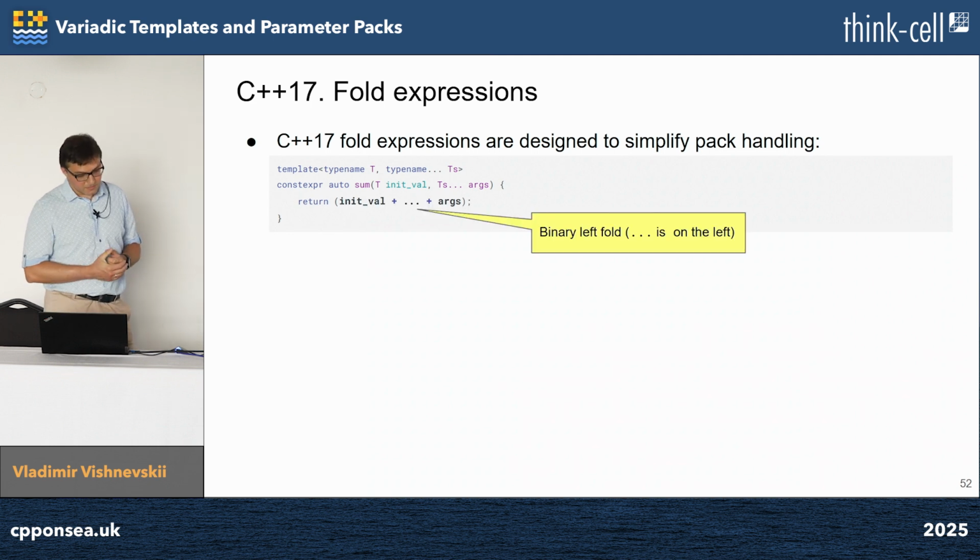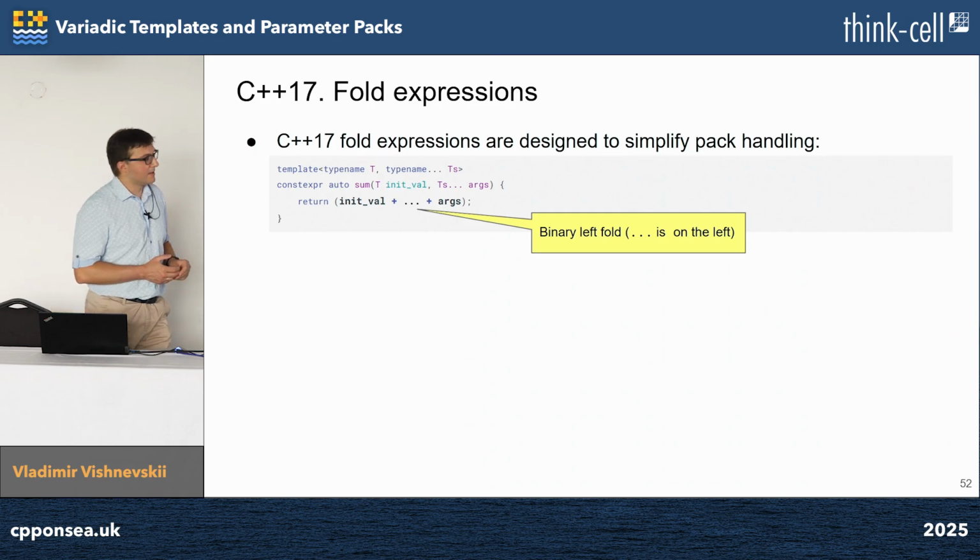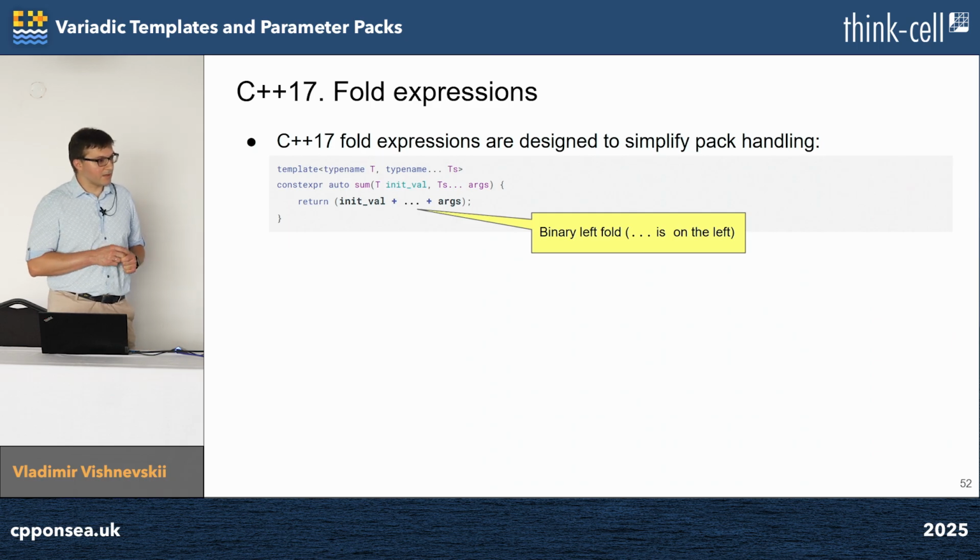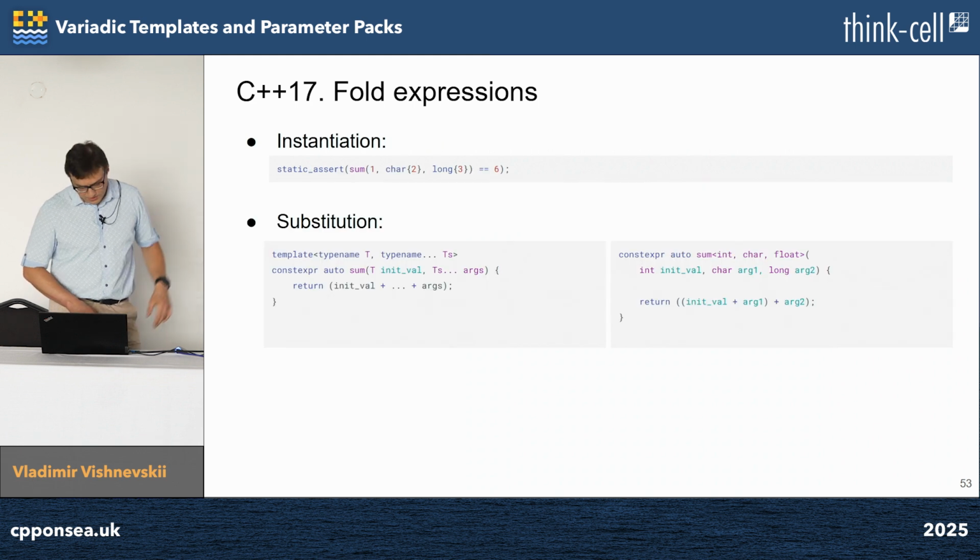This is the fold expression here, this ellipsis within the operator. The fold expression is an expansion of the pack in a quite specific way. We will cover this. Here we have a binary left fold, so left to right defines where the ellipsis stands, and binary because we also have some form of initial value.